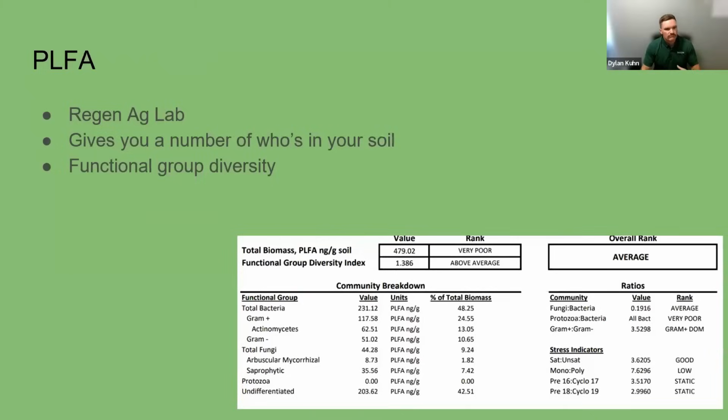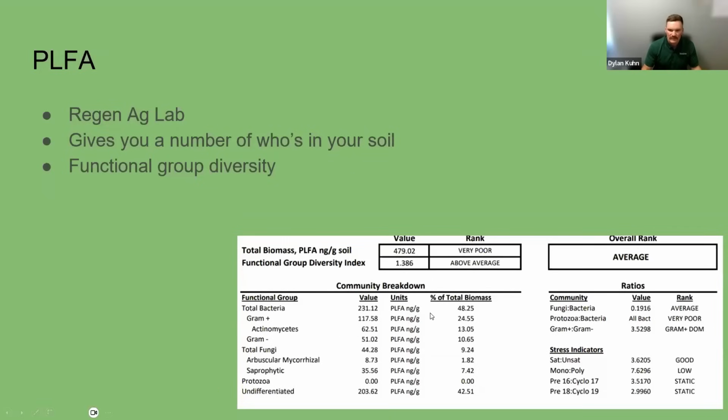The next step up from that would be a PLFA test. Again, this one's done through Regen Ag Labs. Really this gives you a number of who's in your soil, not necessarily a detailed explanation of who's in there, but how much fungi, bacteria, protozoa, things like that, and gives you an idea of where your soil would rank.